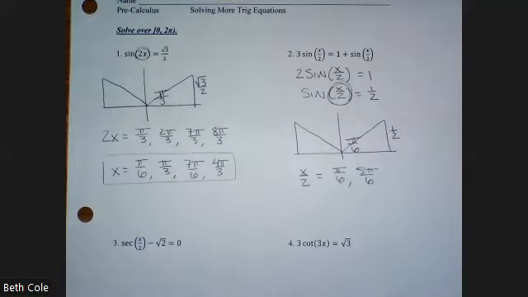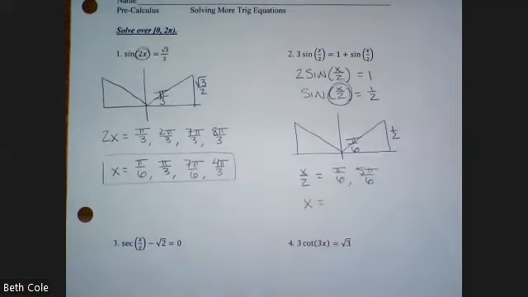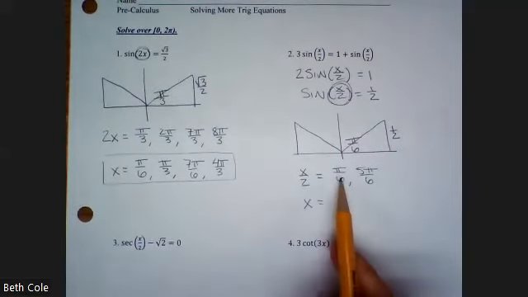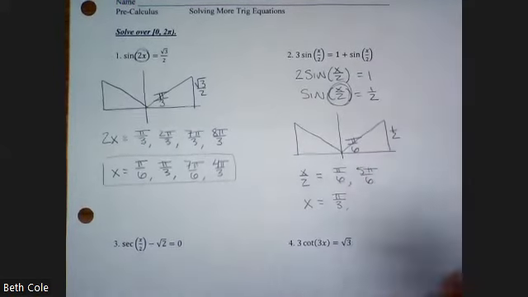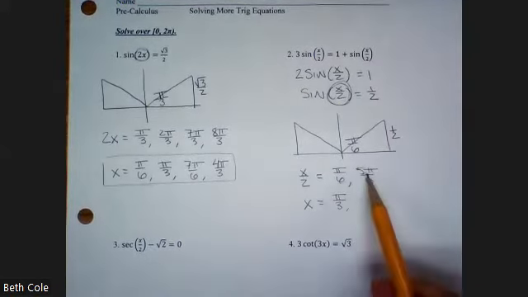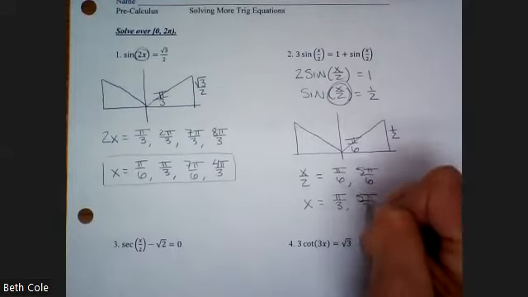And then you just have to get x alone. There's that one extra step. So we would multiply by 2. So if you multiply by 2, this would be 2/6, which would be 1/3. And if you multiply by 2, 5 times 2 is 10. So 10/6, which would reduce to 5/3.